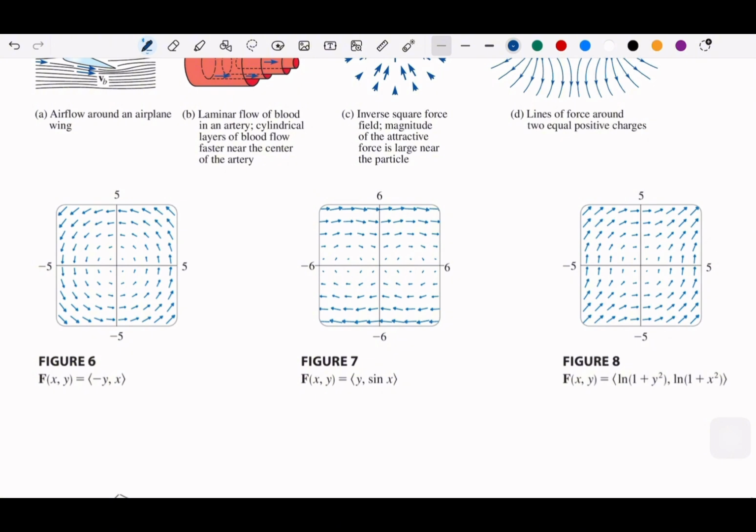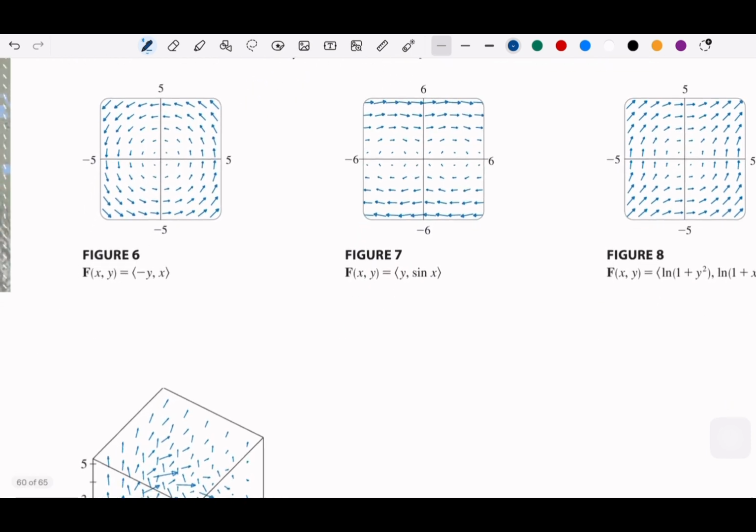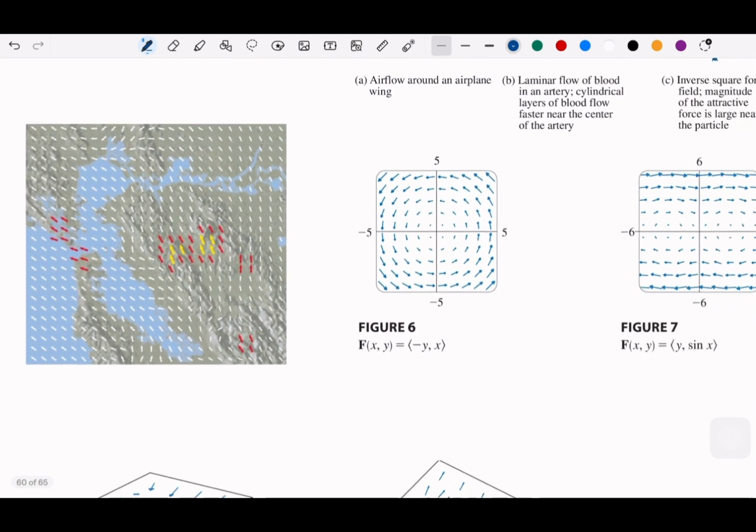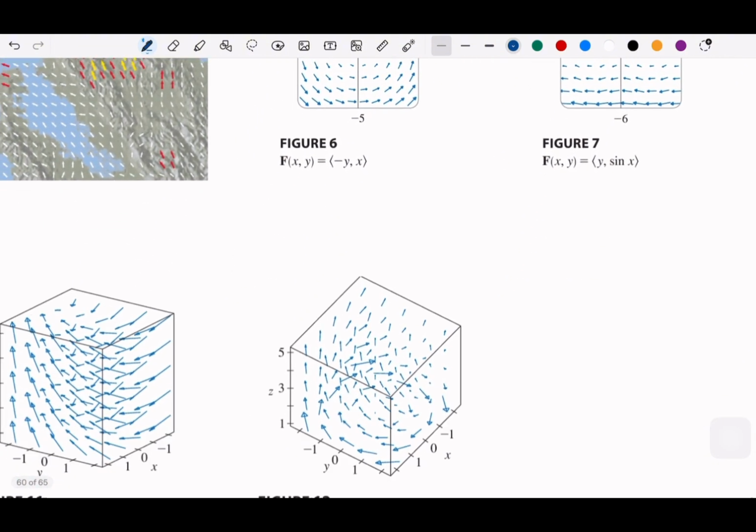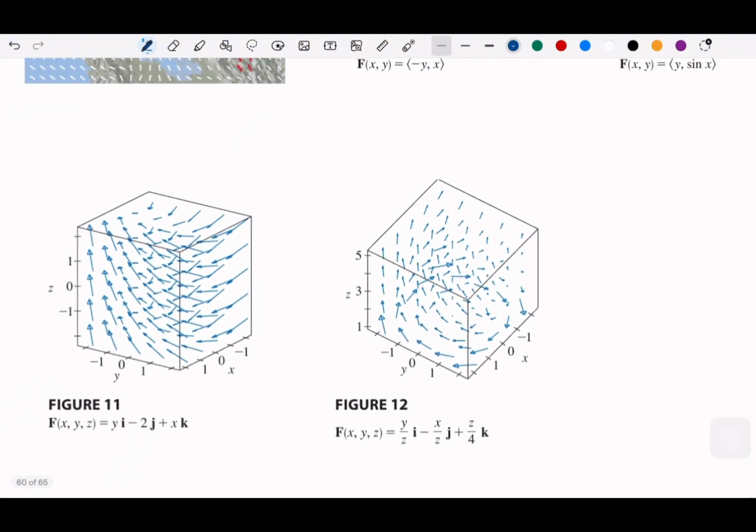And also for sine x, we have something like curvy circulations as well, and we can have many functions in our vectors, and we can vary the functions, and we can have different results as in the vector fields. So far this is two-dimension vector fields, but of course we can have a space curve that we can also define the vector fields in 3 dimensions.